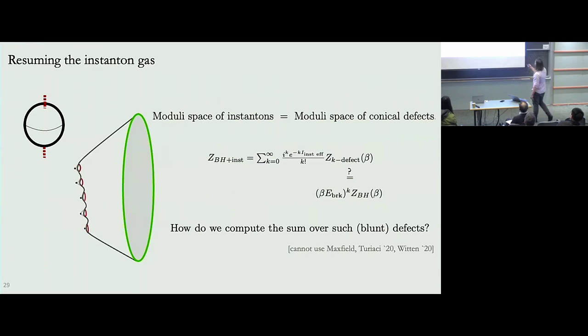And we have to resum this moduli space. So this is what Z_k defect is as a function of beta. It's the partition function in the near horizon geometry in the presence of k of these defects, where each of these defects carries a weight that's given by the instanton action. Now, this moduli space of conical defects is something that's pretty subtle to compute.